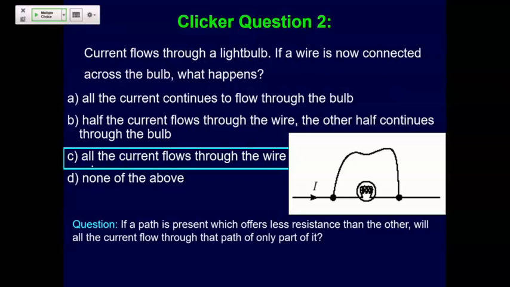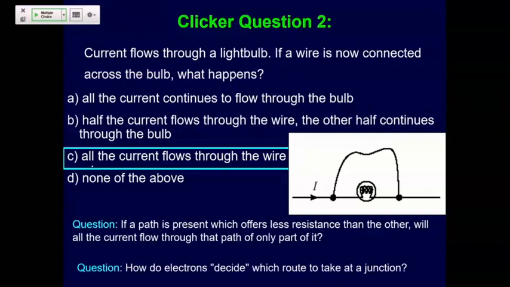The current comes up against this light bulb, and there's this path of completely free flow over there, so it just goes right over. When you see this in the book or in one of my problems, it essentially just bypasses the light bulb or the resistor or whatever it might be that's there, and all the current will flow through the wire.